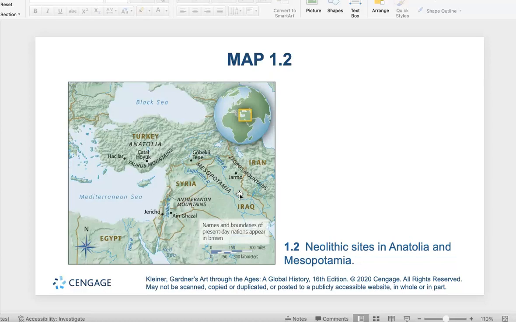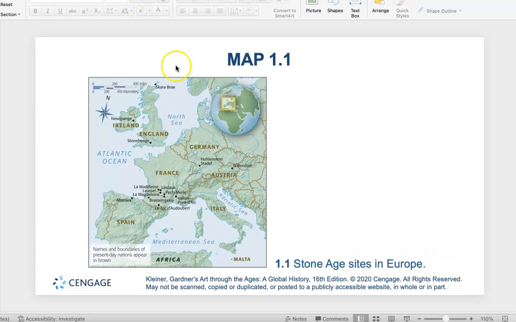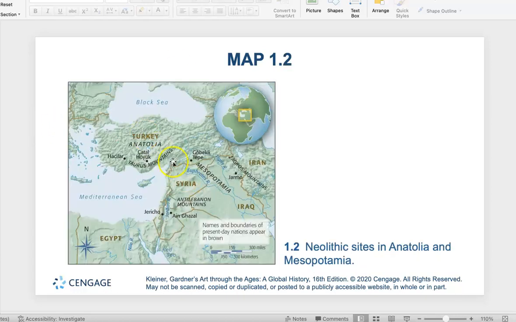Okay. And they even got a globe up in the upper right-hand corner of this picture, and it shows you a little square. That's the part of the world we're dealing with here, and then this is the part of the world we're dealing with here. So, Europe and the Near East, the Middle East, have this connection that it's hard to explain.